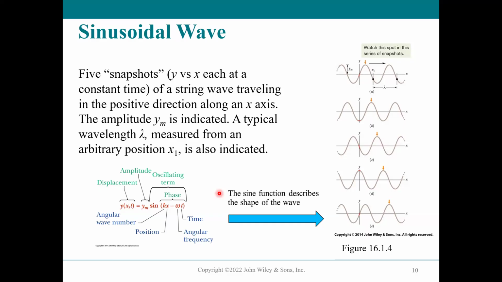Now here, the function y of x would be y equals y_m sin(kx minus omega t). y_m is the amplitude of the wave. And this one, sin(kx minus omega t), is the oscillatory term, the oscillating term.